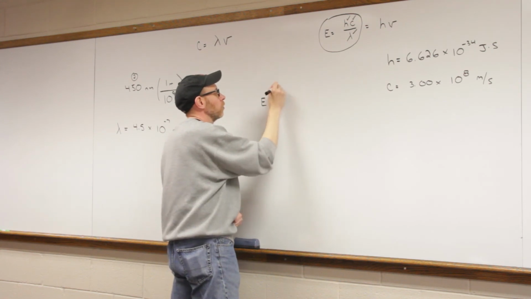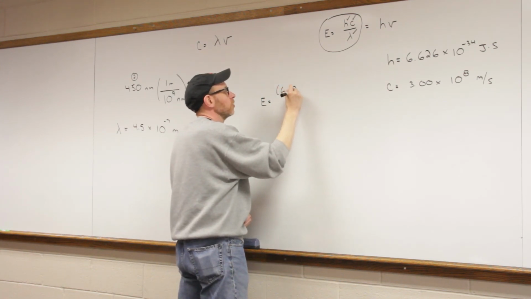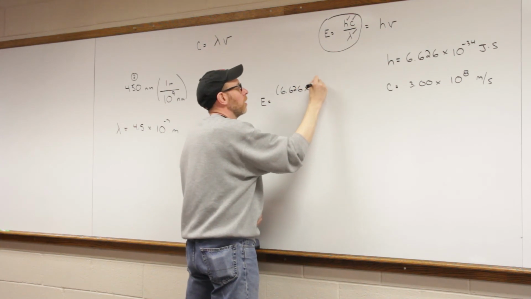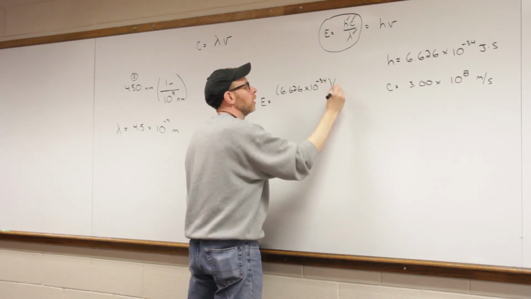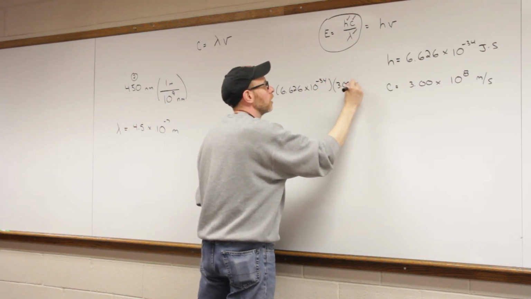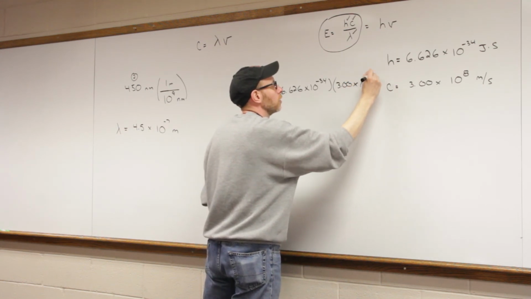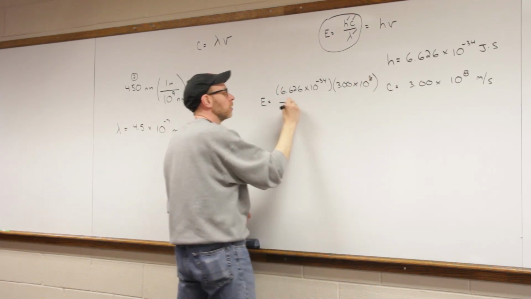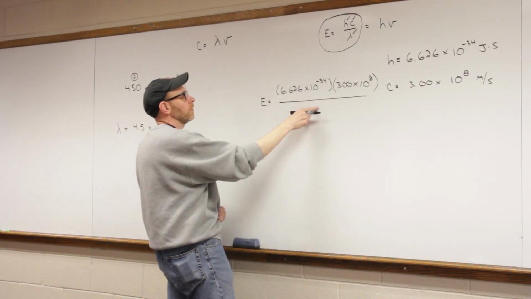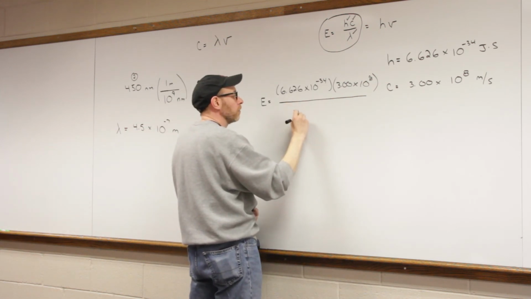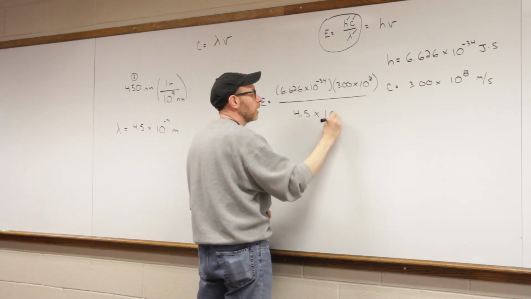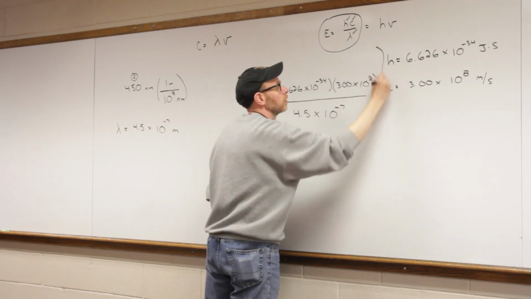So energy equals 6.626 times 10 to the minus 34, and speed of light 3 times 10 to the 8th meters per second, over my wavelength, 4.5 times 10 to the minus 7th.